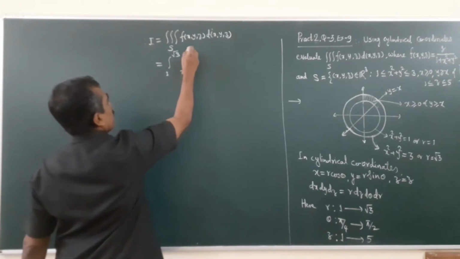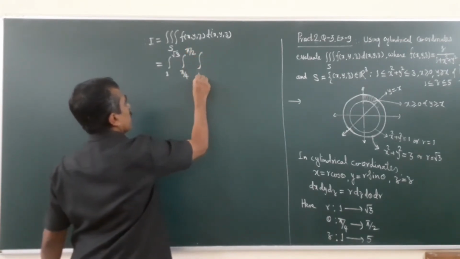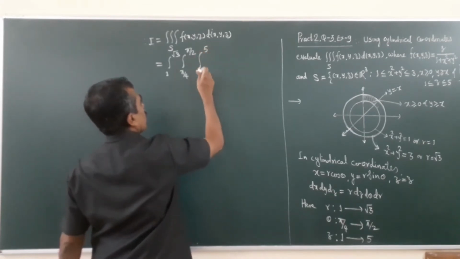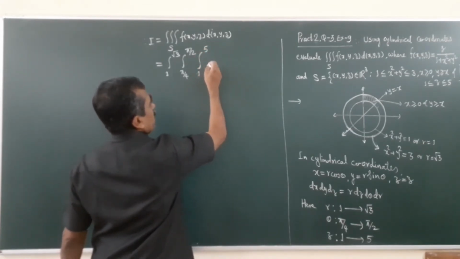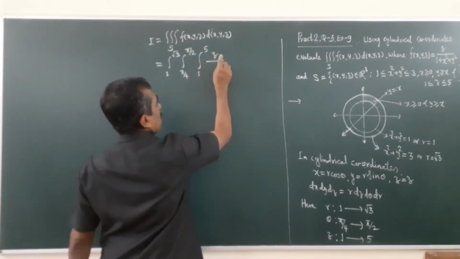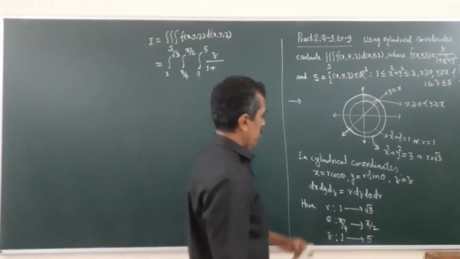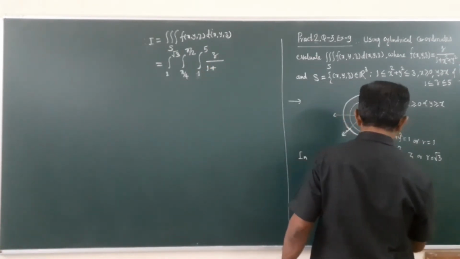Theta, pi by 4 to pi by 2. Z, it is given, 1 to 5. Then what is the given function? z upon 1 plus, now what is x square plus y square here?